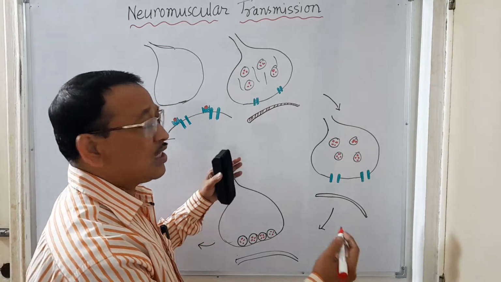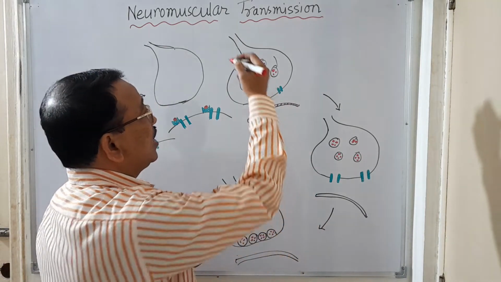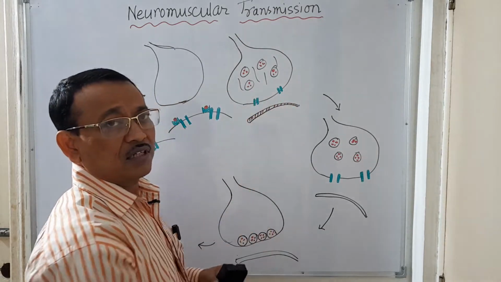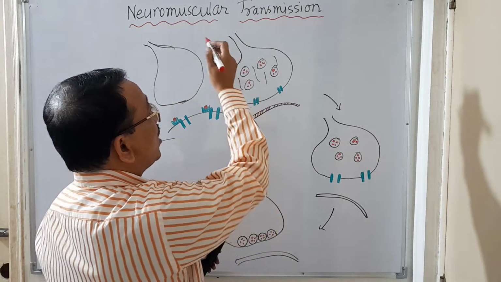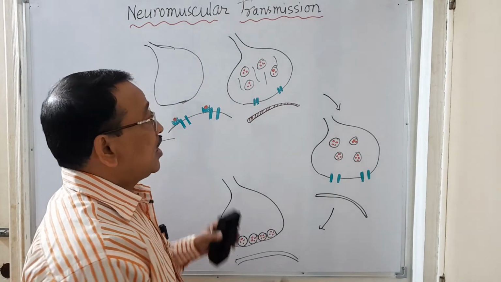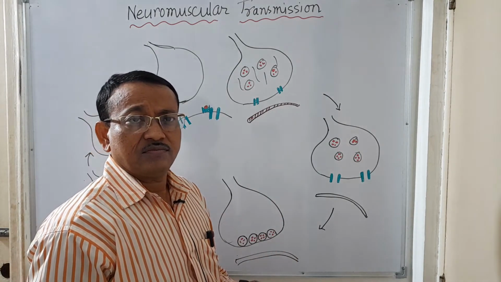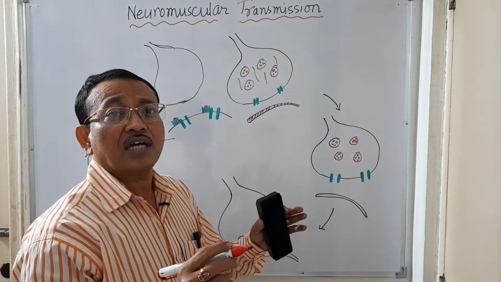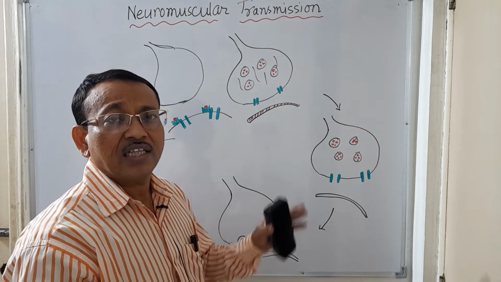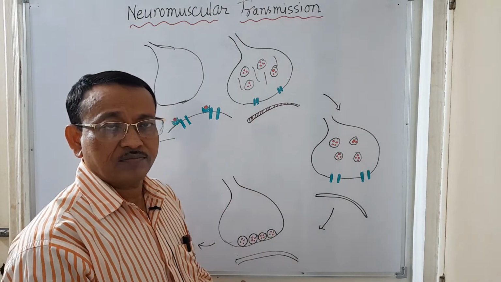Now here we will see how the impulse from this neuron is passed to the muscle. And that process is known as neuromuscular transmission. In the resting condition, let us see what happens, and once the stimulus is given in the motor neuron, then what happens.